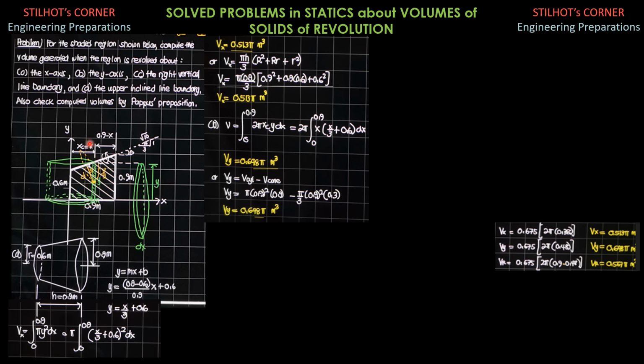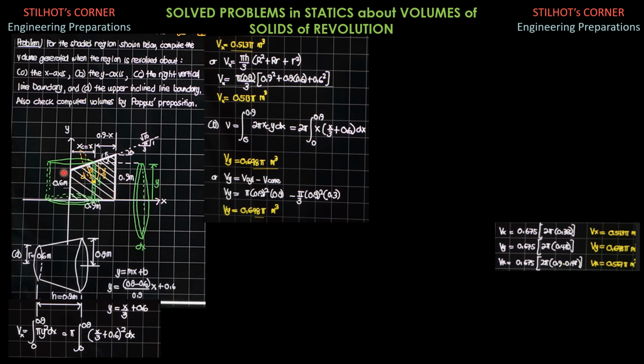So the integral of 2 pi x, the height is y, so it's length times height times thickness. Length 2 pi x, height y, and the thickness is dx. So the volume about the y-axis is the integral of 2 pi x sub c y dx. That's the volume of a rectangular plate.